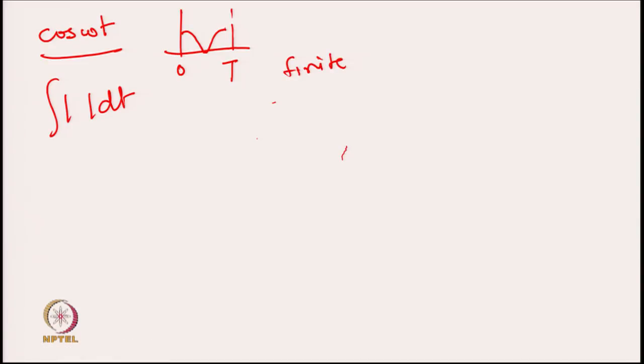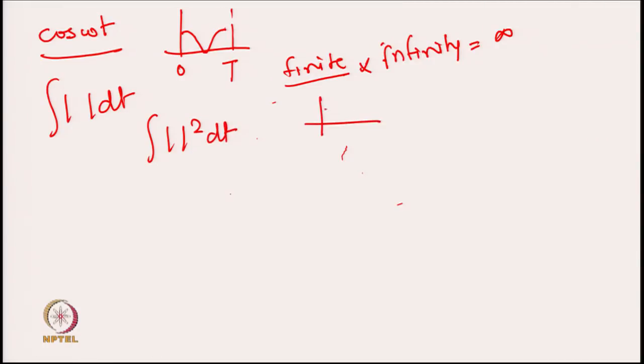Whatever that is, it is not interesting, and this cos omega t runs from minus infinity to plus infinity. That means you are multiplying a finite quantity with infinity, and so this would give us infinity. So, this is not an L1 function. Similarly, for L2 you need to check whether this is finite or infinite, and again the same logic holds.